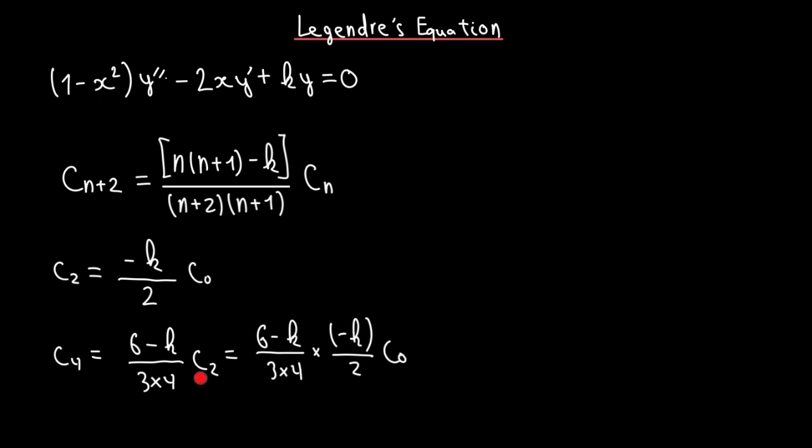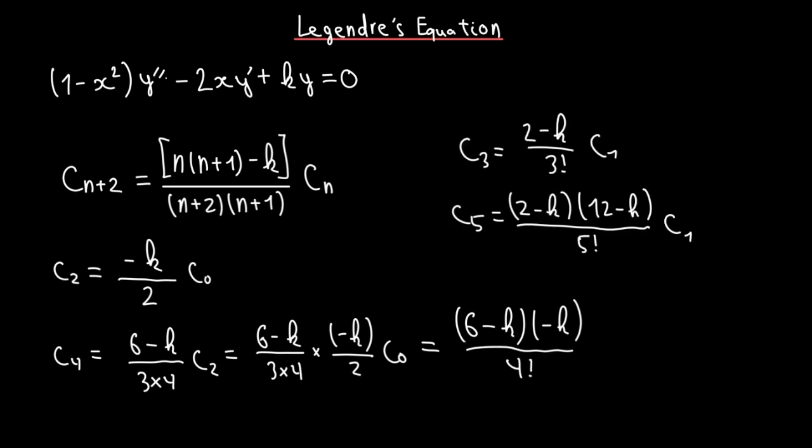So what I've done here is express C2 in terms of C0 using this recurrence relation. And therefore what we note is that we can write it as 6 minus k times minus k over 3 times 4 times 2. Well, that's just 4 factorial.